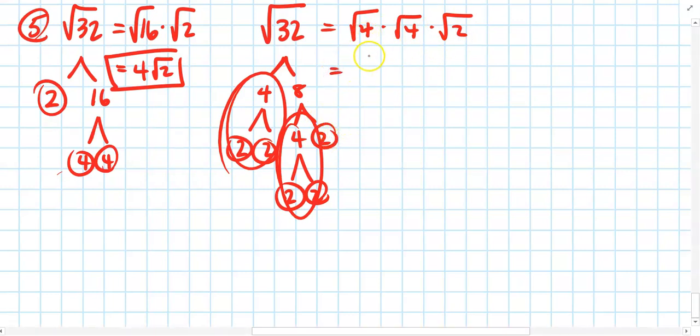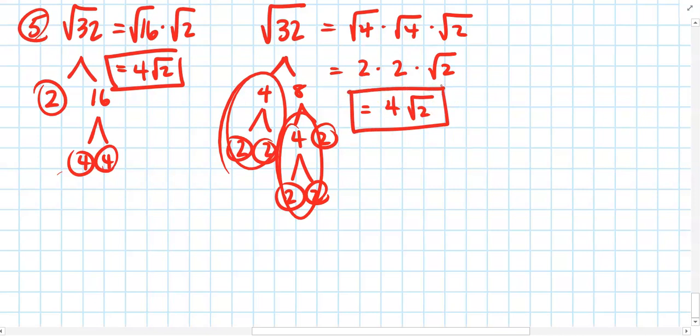We recognize the square root of 4 is 2. Another square root of 4 is 2. And the square root of 2 stays behind untouched. But lastly, we can combine these like terms, multiplying on the outside of the radical symbol, to make 4 square root 2. And those two solutions are the same.